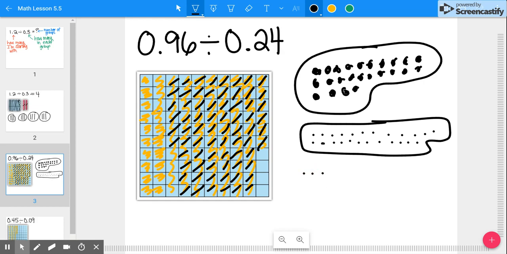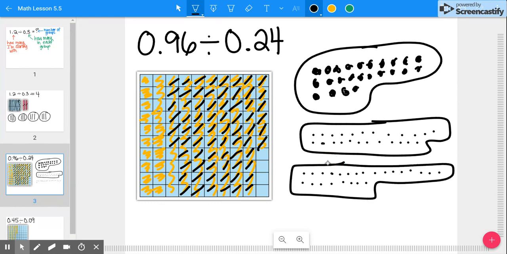So I'm going to draw it over here, 1 through 24, and put a circle around that because I know that is another group. Now I need to count 24 hundredths again because I still have some yellow squares that are still colored in that I did not count yet.